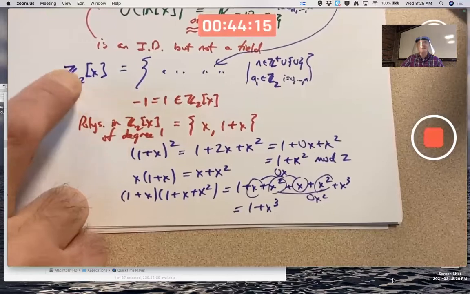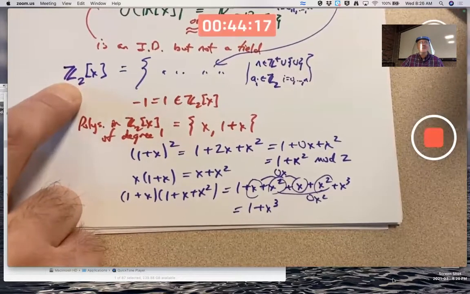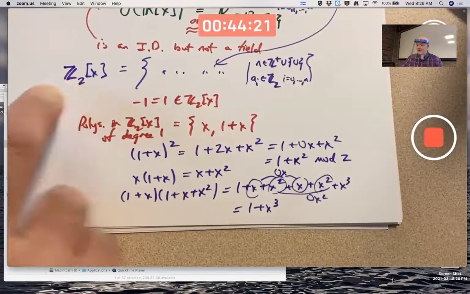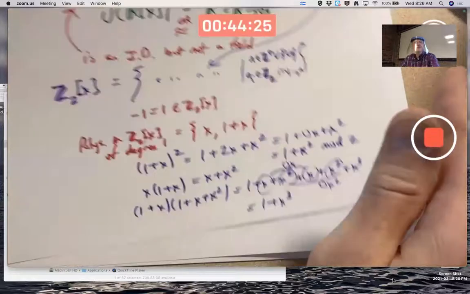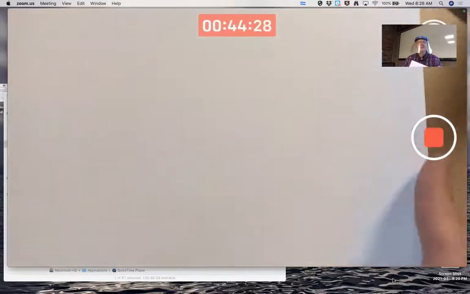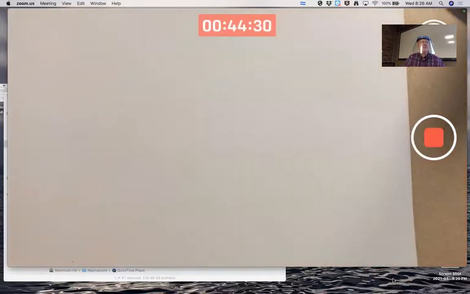And if we're in something like this, Z2x, we've got to think about modding by 2. In fact, let's go ahead and do an example. These are the most important kind of examples that we're going to be considering in the coming, what do we have left? 5 weeks, 4.5 weeks, something like that.